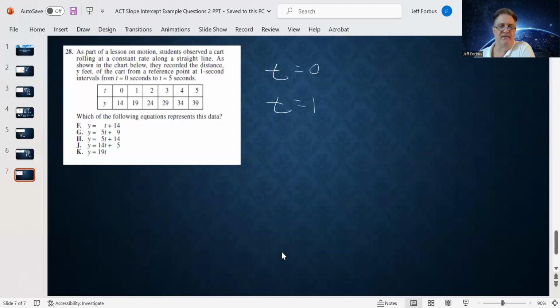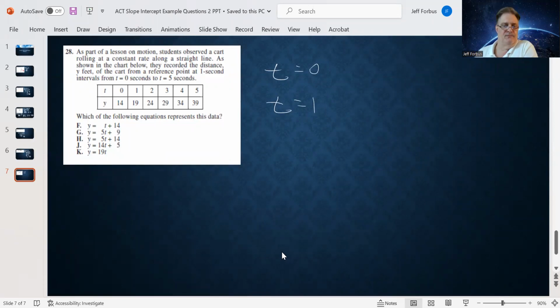But if we put t of 1 in there, that gives us 15. That doesn't work with our point because we need a y value of 19. So F doesn't work. G, if we put t of 0 into it, 5 times 0 is 0 plus 9, leaves us a 9. So that doesn't work with t of 0.